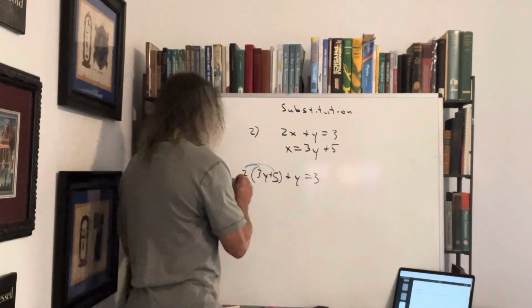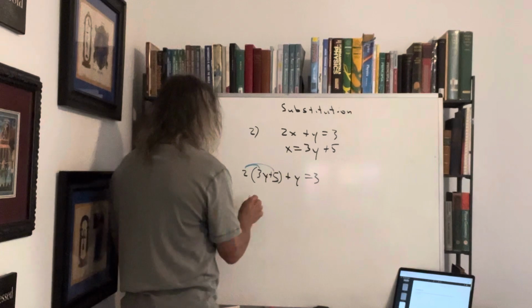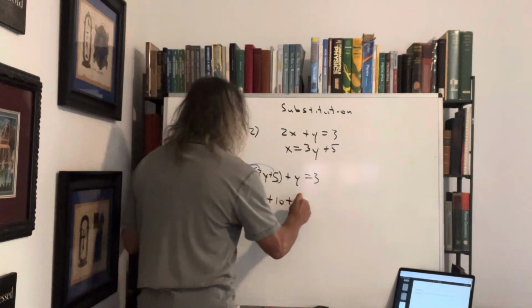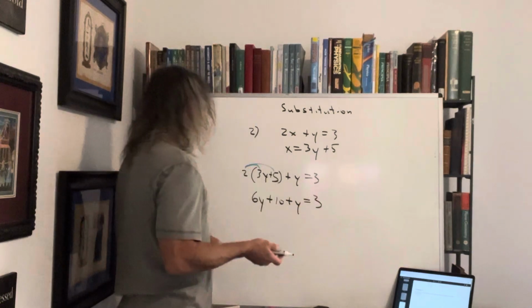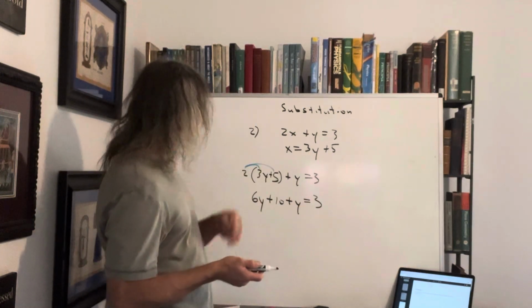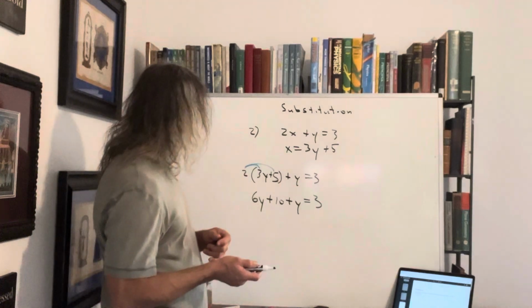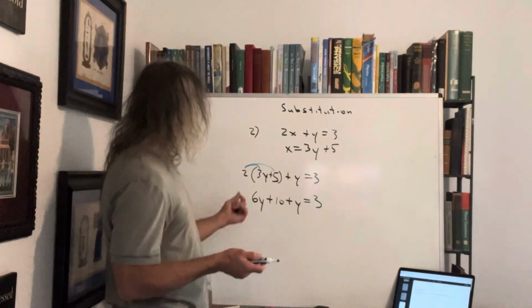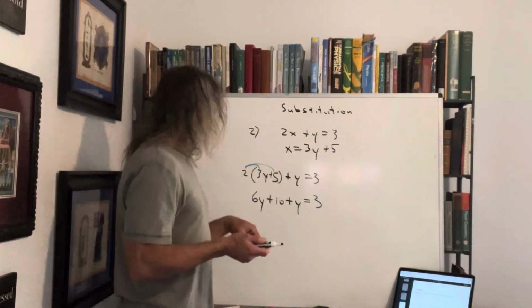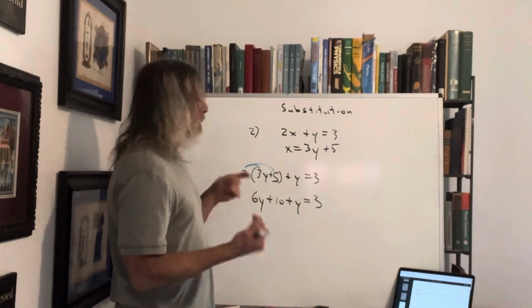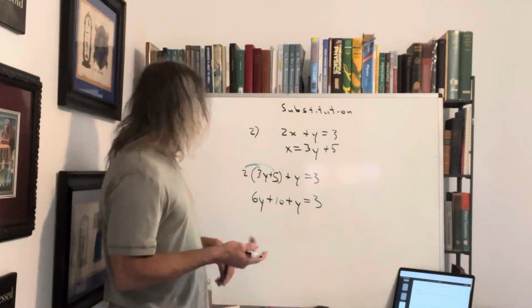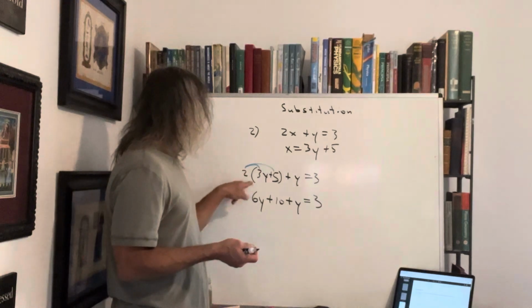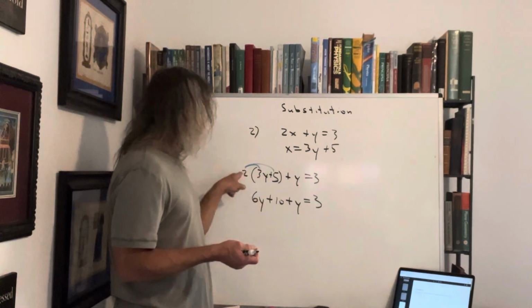Multiply by 2. 6y plus 10 plus y is 3. 2 times 3 is 6. 2 times 5 is 10. Remember, each of these gets multiplied by 2. Some people forget to multiply the 5 by the 2. So remember, each of them gets multiplied by 2.